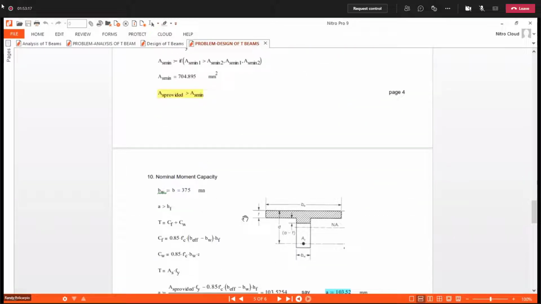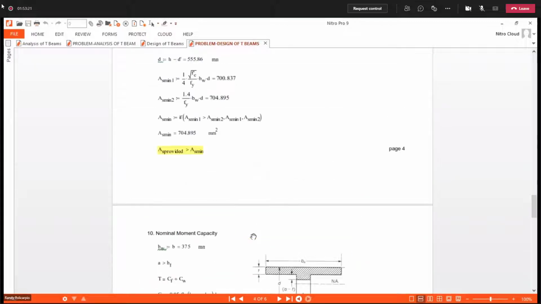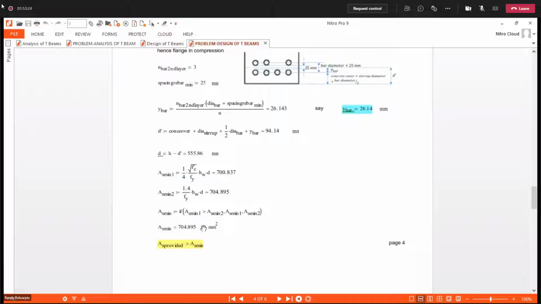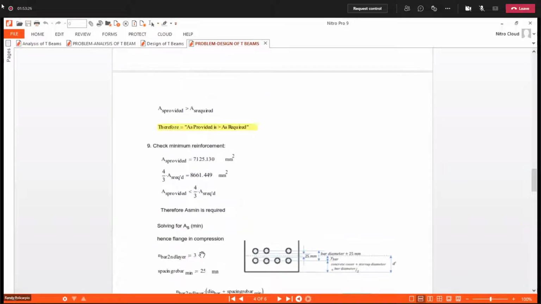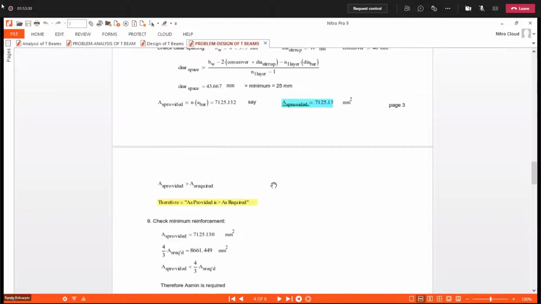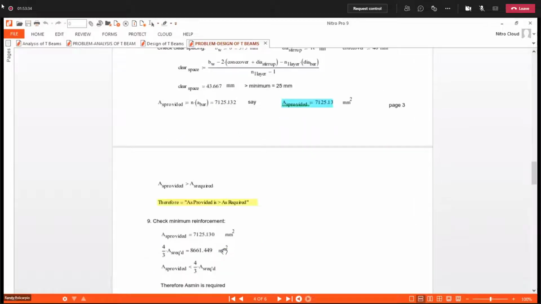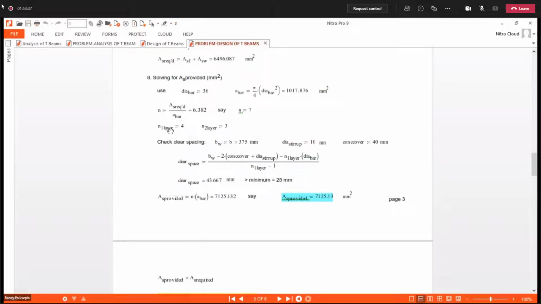Now for the ductility requirement, we will check first. Ito ngayon yung design natin, wherein our tension reinforcement will be 7. Our arrangement will be 4 on the first layer and 3 on the second layer.